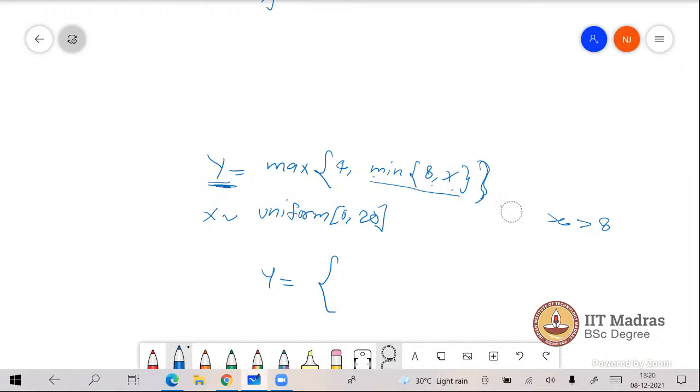Whenever x is greater than 8, what is going to be the minimum of 8 comma x? 8, right? And whenever x is less than 8 and greater than 0, what is the minimum of 8 comma x? x, right?